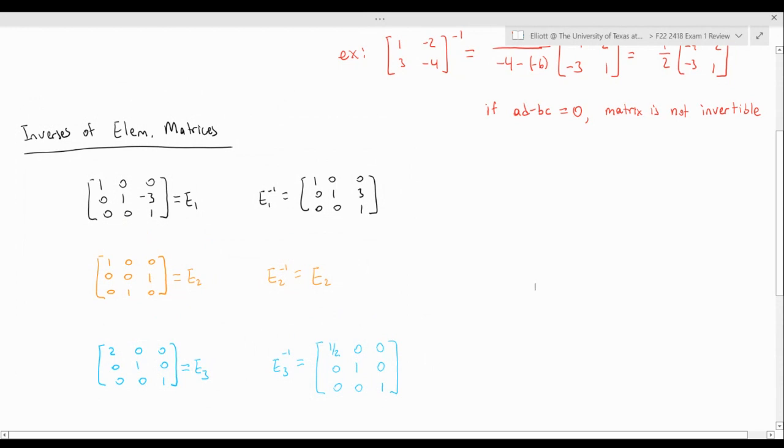So notice that for E1, its inverse is the same thing, except you change the sign of this off-diagonal entry. So -3 becomes +3. That's the inverse of E1. For E2, the inverse of E2 is itself. And for E3, you can see what happened for its inverse. We took the 2 on the diagonal and we just did its reciprocal. So 1/2, okay?